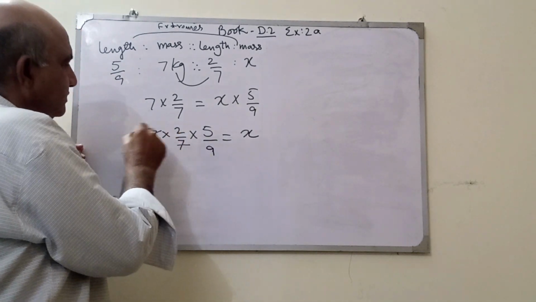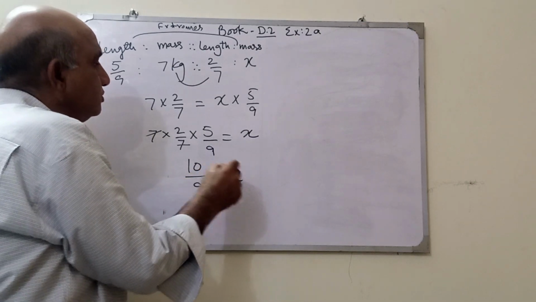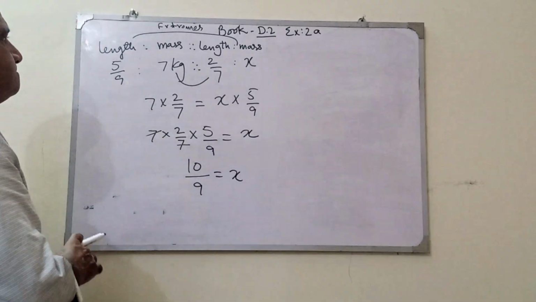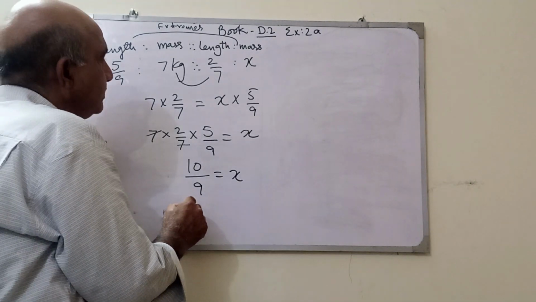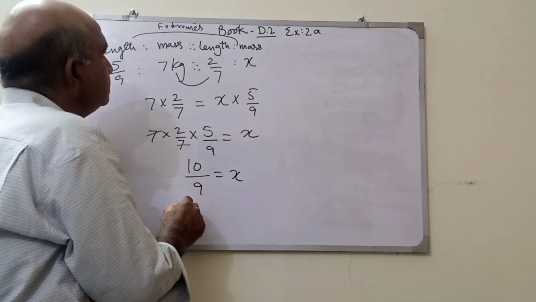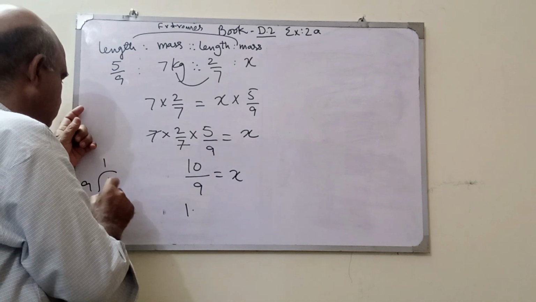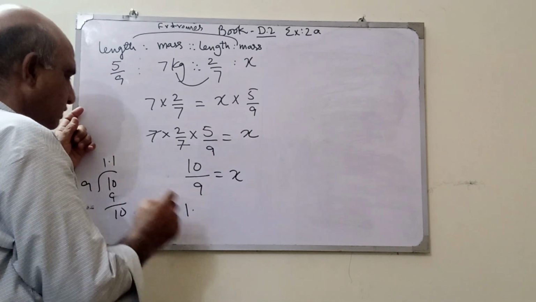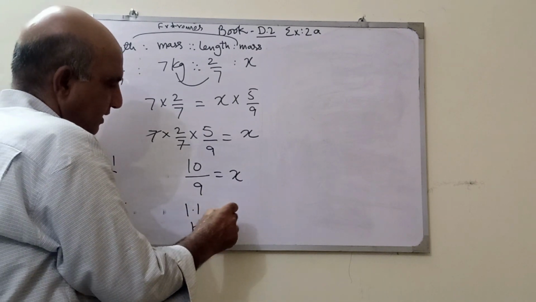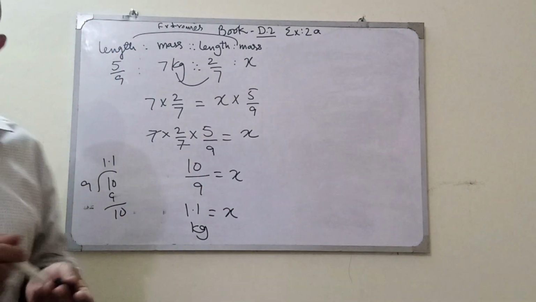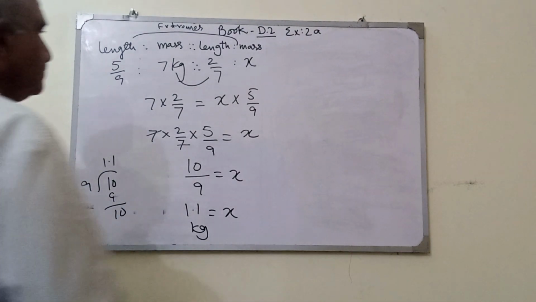So here the 7s are cancelled, so 10/9 is equal to x. So it is 1.1, 10 divided by 9, 1.1 kg is the mass of 2/7 of the length in the question.